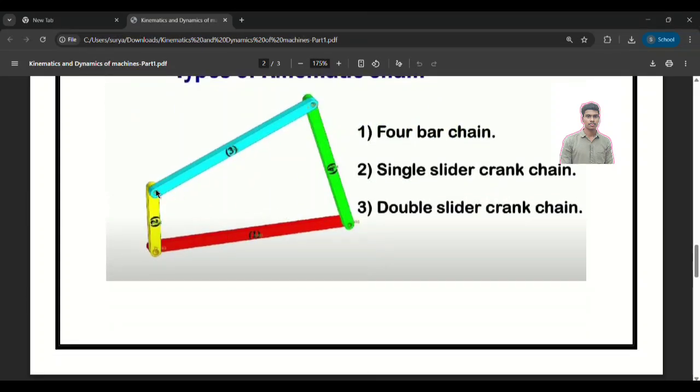There will be a full rotation of this third one, and the first link also makes a full rotation, because the shortest is fixed. The third one moves from here to here, and the first one moves from here to here, in a clockwise rotation, as you can see. So the third one makes a full rotation, and the first one also makes a full rotation.